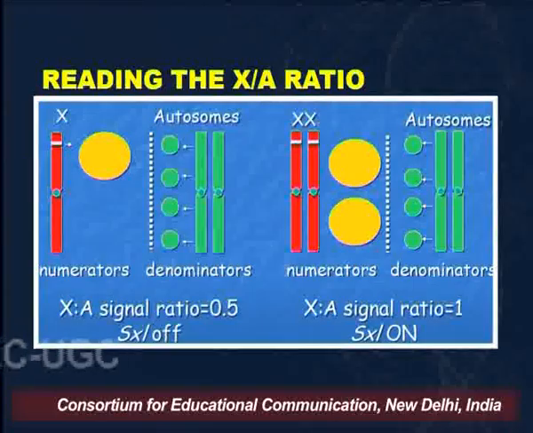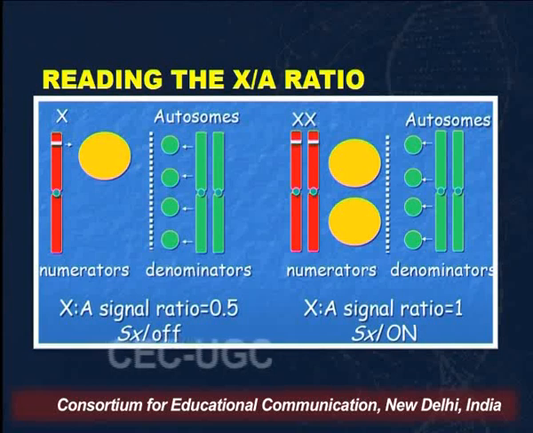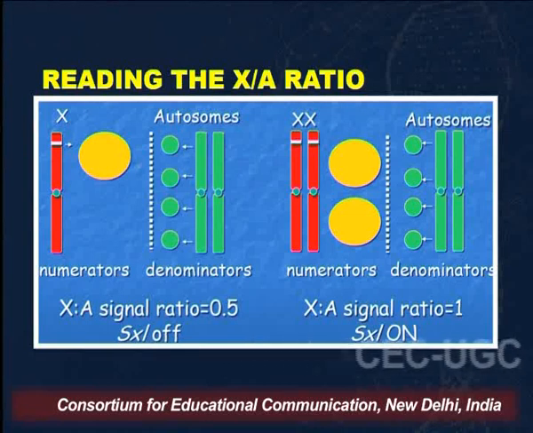If we look at the diagram on your screens, you would find how to read this X by A ratio. If the numerator is 1 and the denominator is 2, of course the X by A signal ratio is 0.5. Now the gene SXL is off.